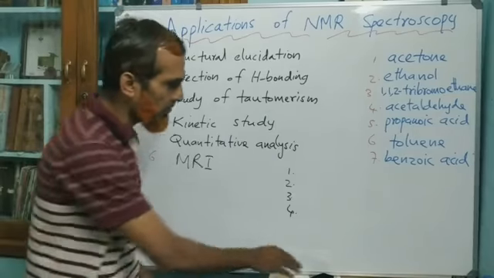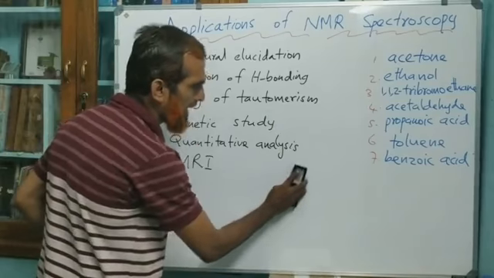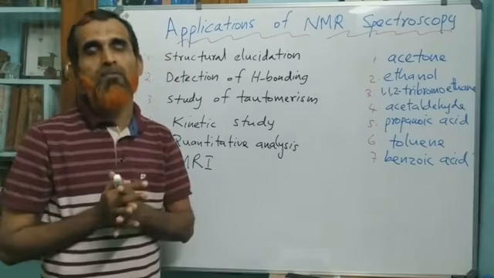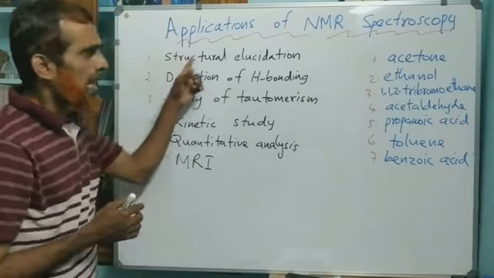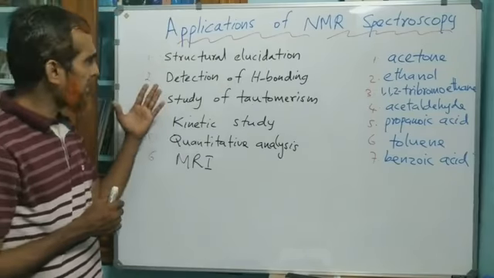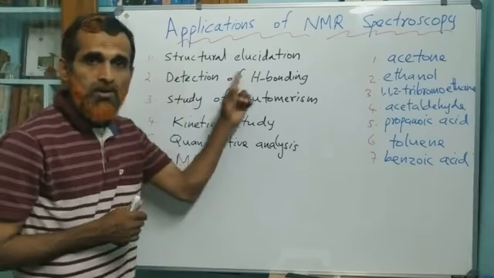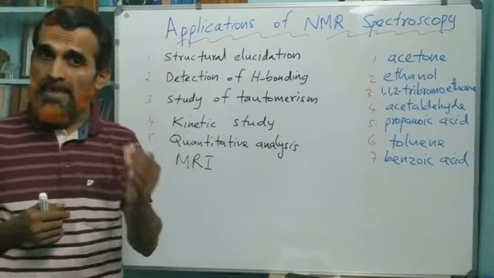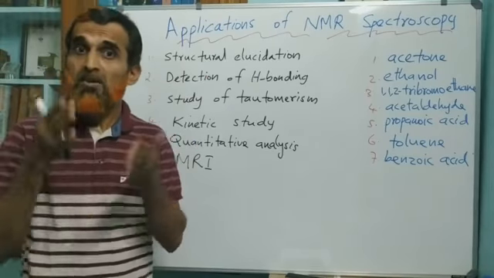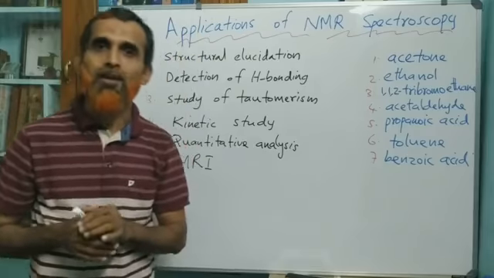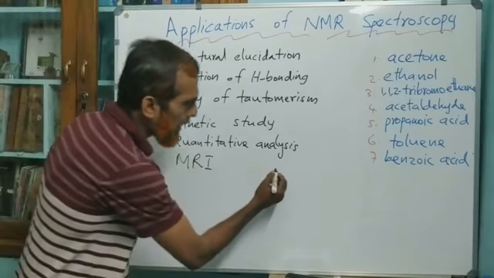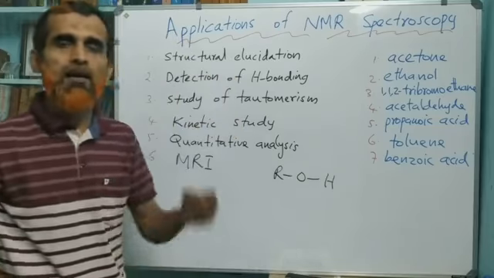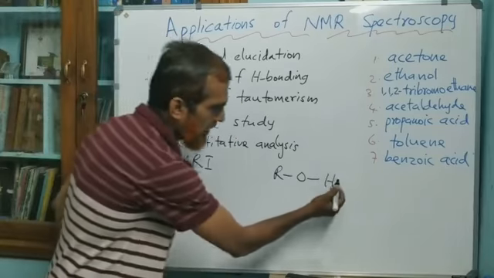So these four pieces of information can be deduced from an NMR spectrum, which help you deduce the structure of an organic molecule. Apart from that, other applications are, we can study hydrogen bonding. Whether there is hydrogen bonding, or the extent of hydrogen bonding, is reflected in the chemical shift value, because due to hydrogen bonding there will be a little bit of deshielding.